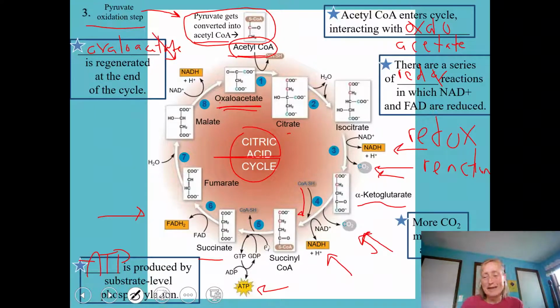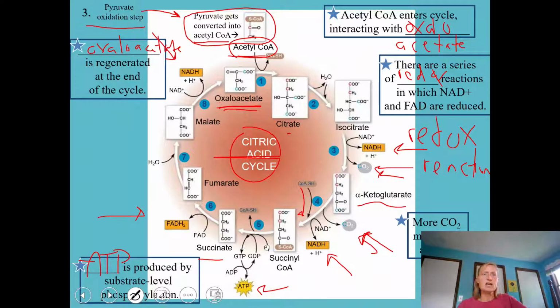I don't know. Anyway, I think we have to remind ourselves that all of these steps, and even the pyruvate oxidation step, happen twice. If we're following one molecule of glucose going through aerobic cellular respiration, we ended up with 2 pyruvates at the end of glycolysis. And then both pyruvates are going to go through the pyruvate oxidation step and the citric acid cycle.